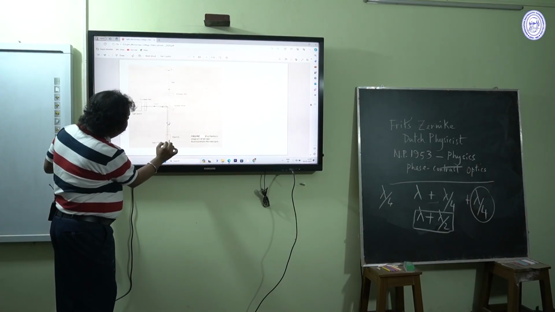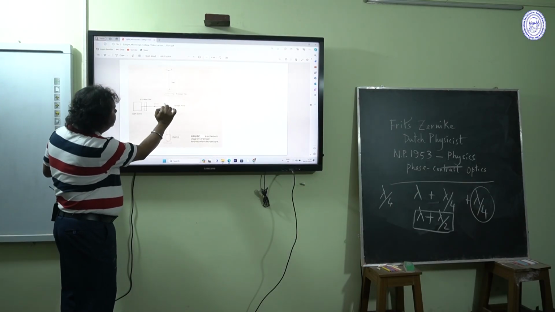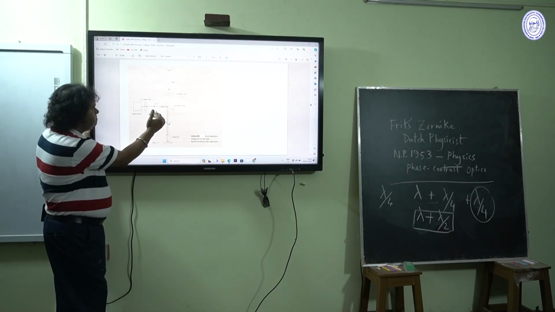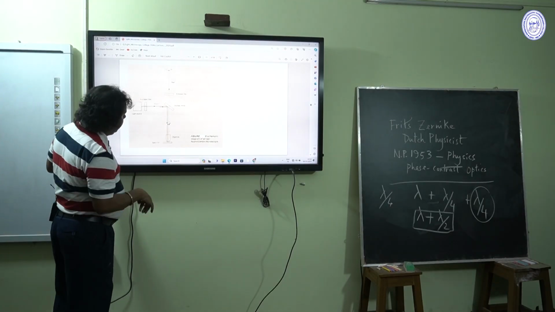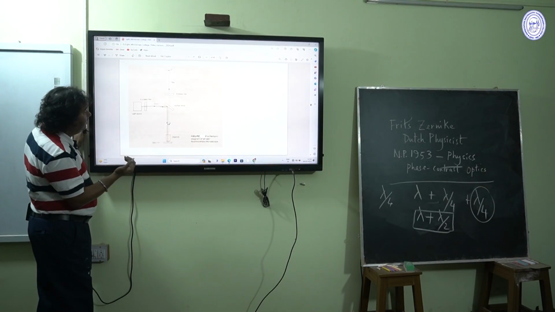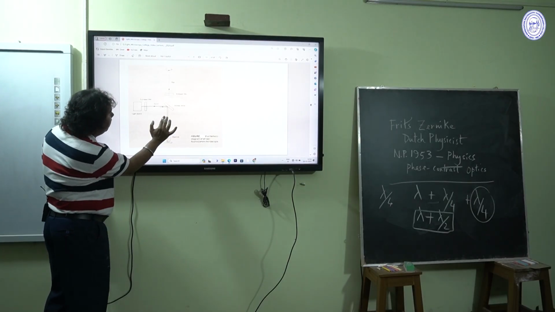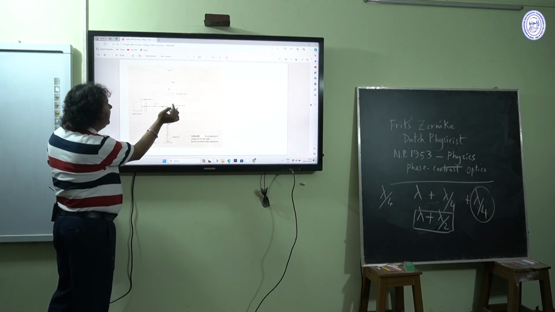Some of the light is returning through the objective, striking the dichroic mirror, and then returning back. But the light having higher wavelength will pass through the objective, then through the dichroic mirror.